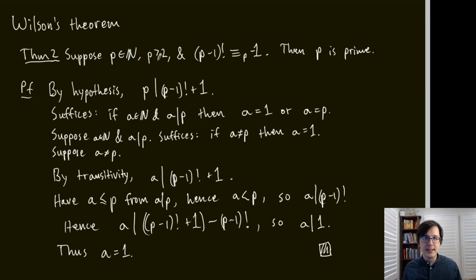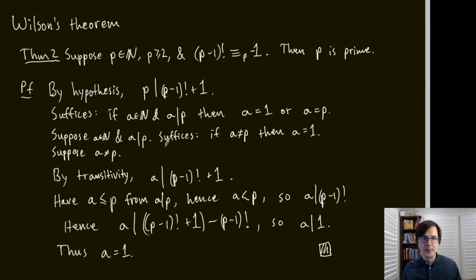Because p is greater than or equal to 2, we know it's not a unit already. So we can use the indivisibility property of primality to prove it. So it suffices to show that if a is a divisor of p, then a is 1 or p.